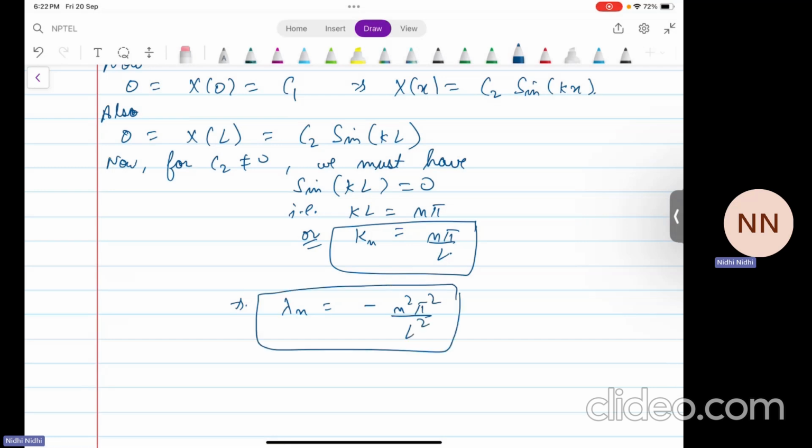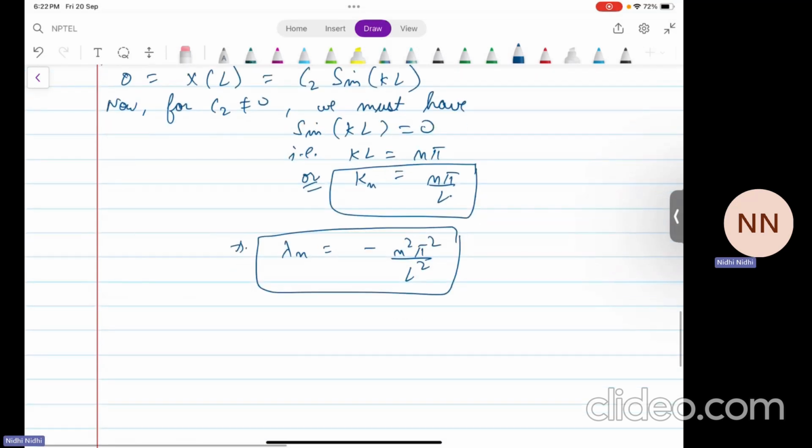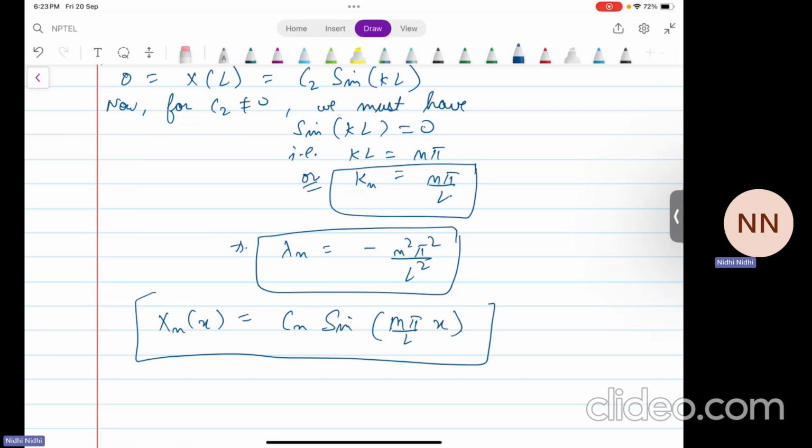And for all such lambda n, we have a solution Xn(x), which is equal to some Cn, again the constant also depends on n, sin of n pi by L times x. So this is our Xn.